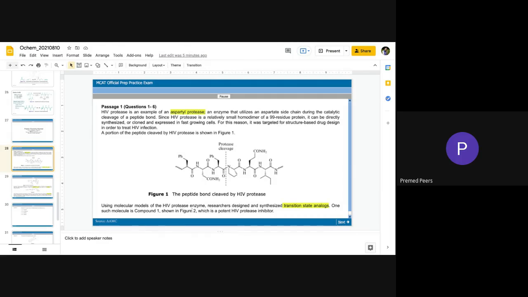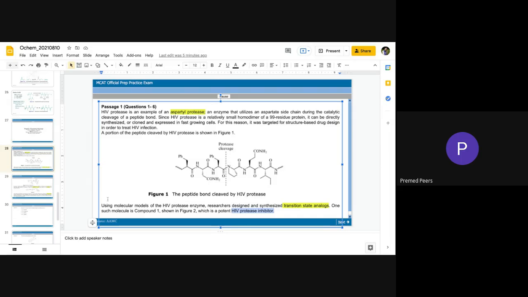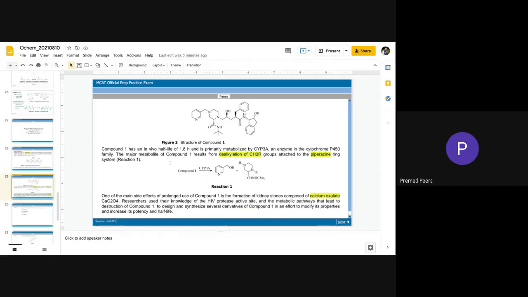And then it says that figure 2 is going to be one of the potent HIV protease inhibitors. Okay, so that means that this being a transition state analog is going to inhibit the HIV protease.